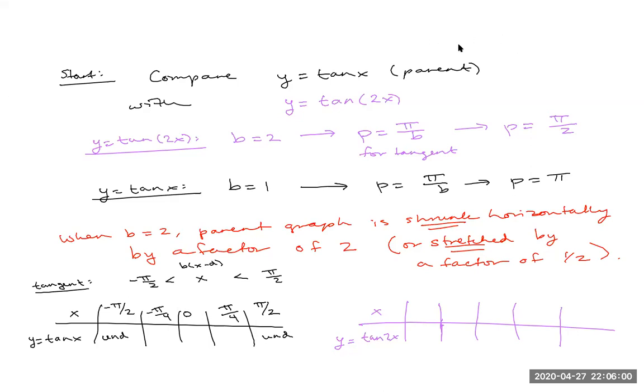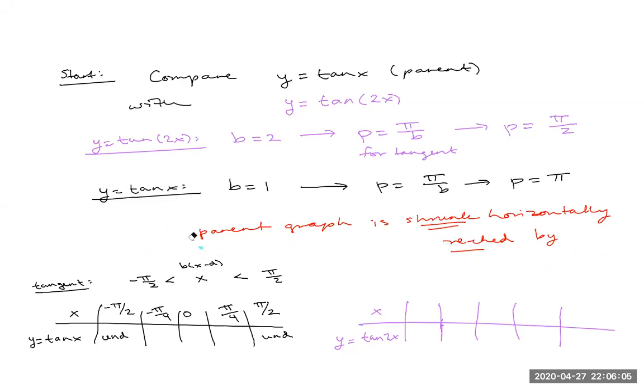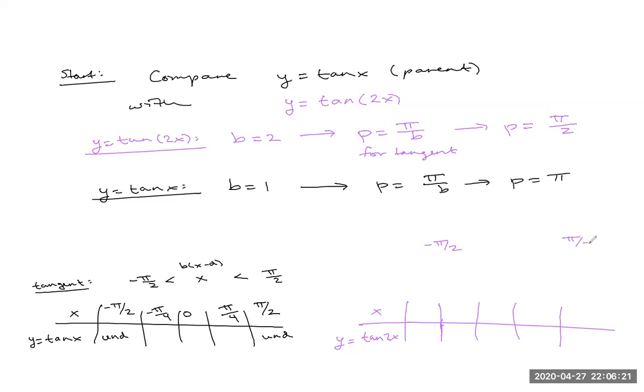Okay, let's follow this process. For our shifted graph, we still would have negative pi over 2 to pi over 2, but now b times (x minus d) is going to be 2x. So we have to divide everywhere by 2. We get x in the middle, and we get negative pi over 4 and pi over 4 as the end values.